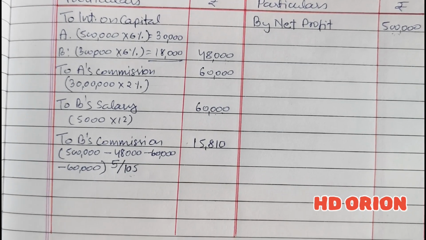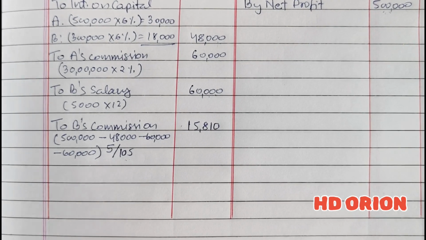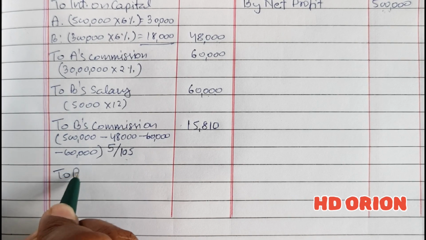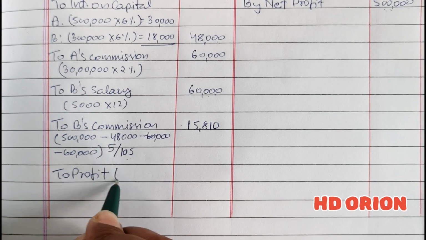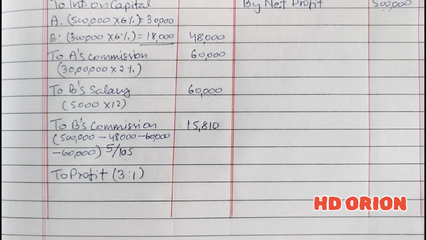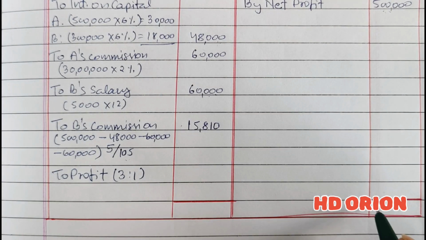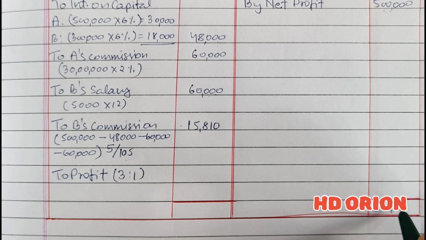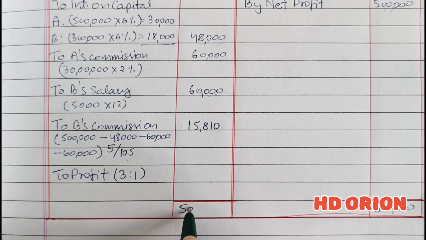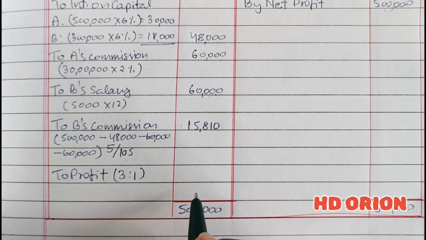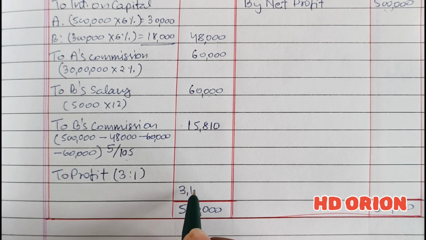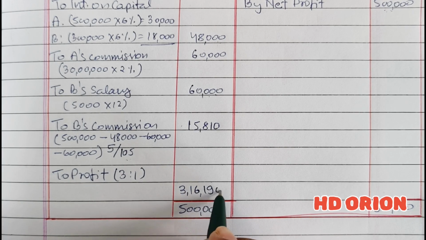So let us calculate the remaining profit, balancing figure. So to profit, and their profit sharing ratio is 3:1. So here 5 lakh and here also 5 lakh because credit side is more, and the balancing figure we get is rupees 3,16,190.